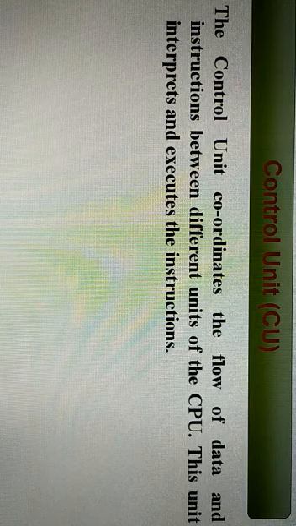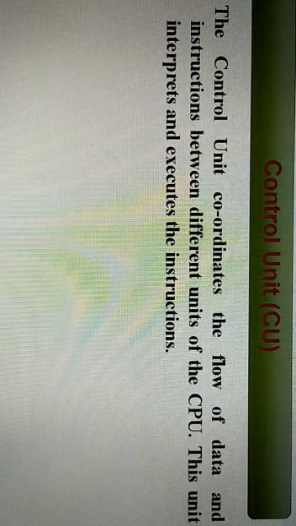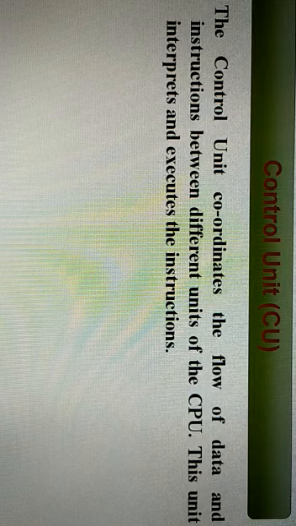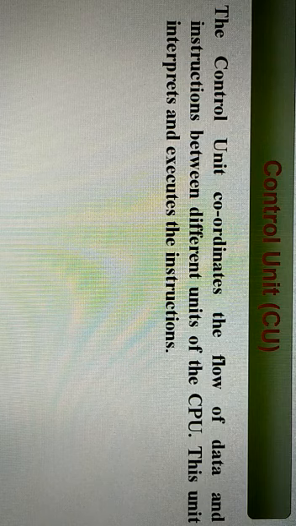Simply, all other units are controlled by the control unit. That is why it gets its name as control unit. The control unit coordinates the flow of data and instructions between different units of the CPU. This unit interprets and executes the instructions.